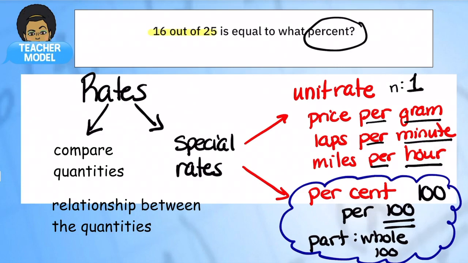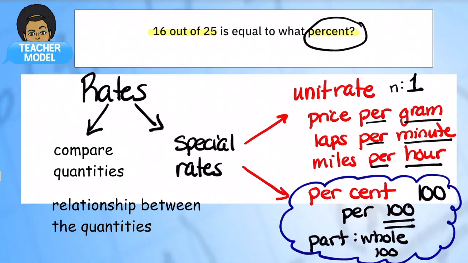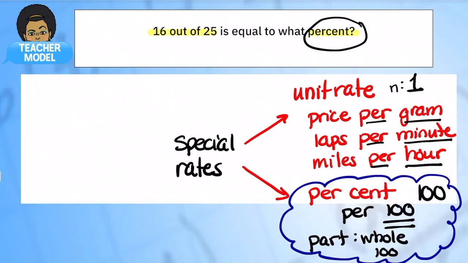And so let's look at the first example we have here. 16 out of 25 is equal to what per cent? Let's figure this out. We're going to use some math for this one. I'm going to hit pause for a second so you can jot down any of these notes. And let's make a nice little square.